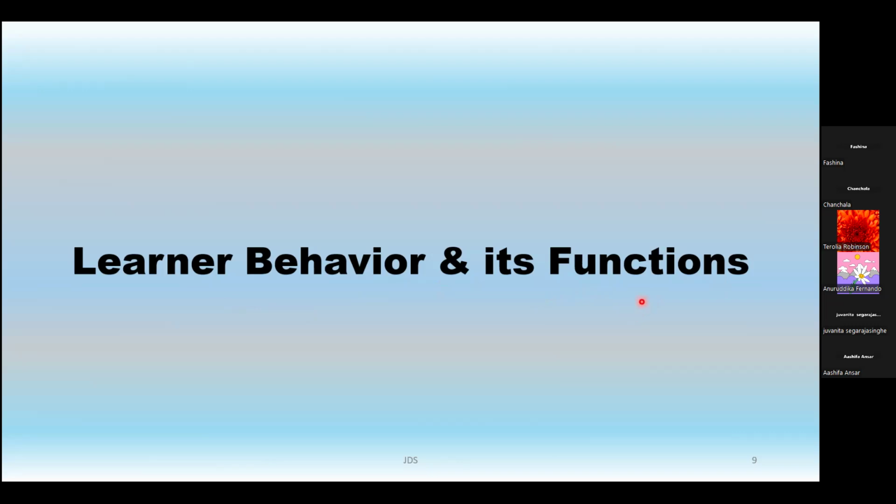Likewise, even if the learner is exhibiting a particular kind of behavior, directly or indirectly, he wants to tell something. He's communicating a message. So why is a learner behaving in a particular way? What can be the hidden reasons? That is what is mentioned here as its functions.